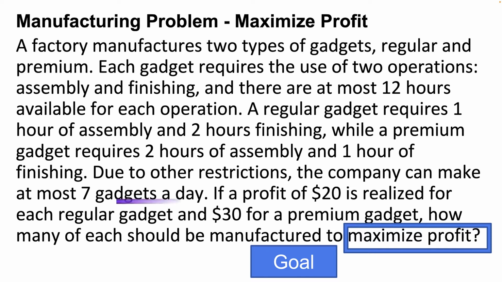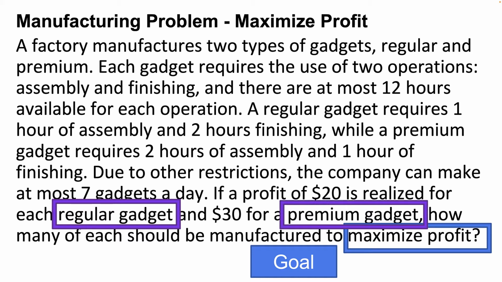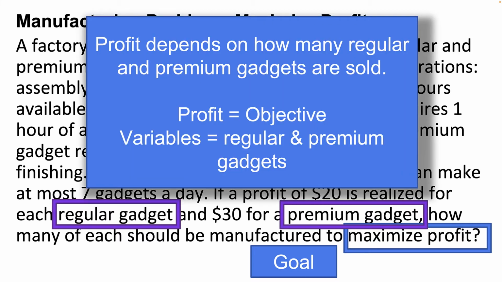And in that same sentence, it says that it depends on the number of regular gadgets sold and the number of premium gadgets sold. If our profit depends on how many regular and premium gadgets are sold, the profit is going to be our objective, and the variables are going to be the regular and premium gadgets. Remember, your objective depends on the variables.